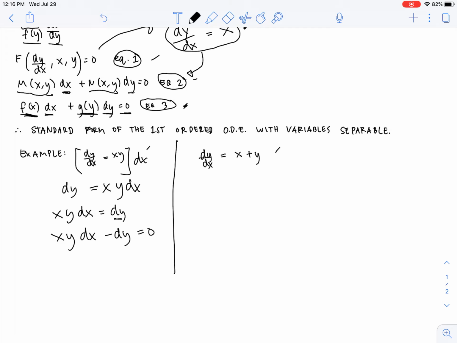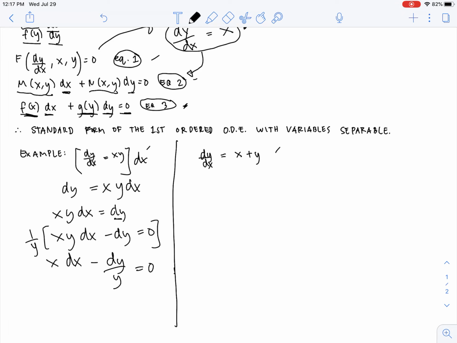Since x and y are still together, only x should be with dx, and only y should be with dy. So we look for a way to remove the y here. The first thing to think of is to divide both sides, or multiply both sides, by the reciprocal of y, which is 1 over y. So this equation now becomes x dx minus dy over y is equals to 0.